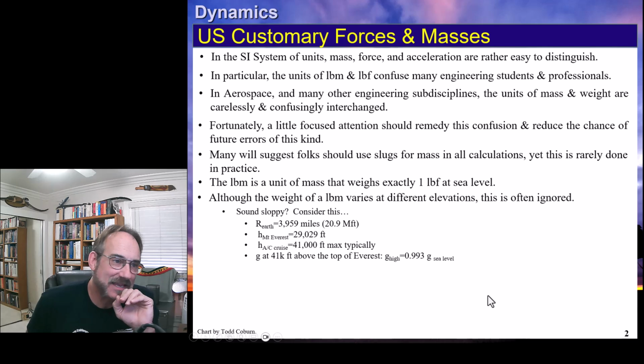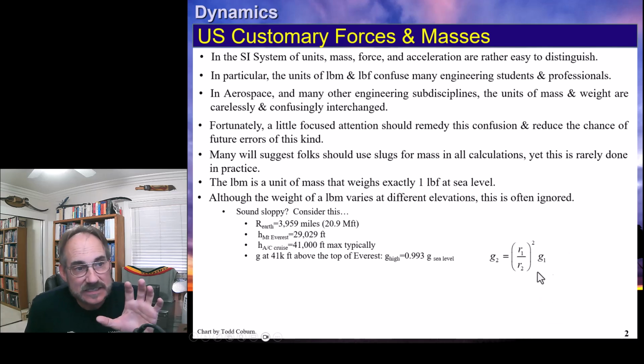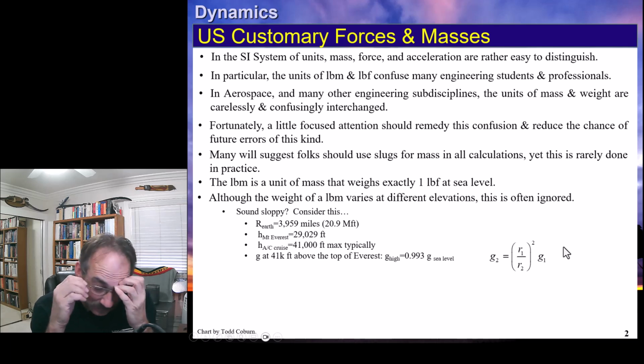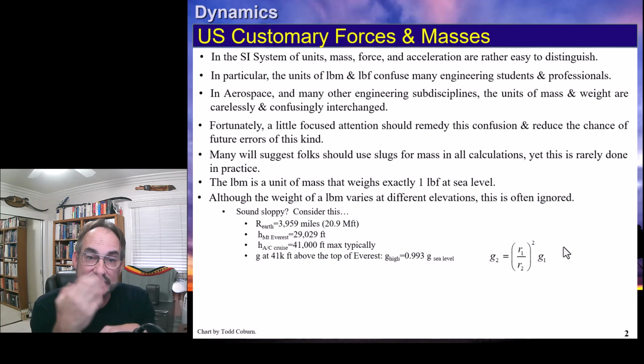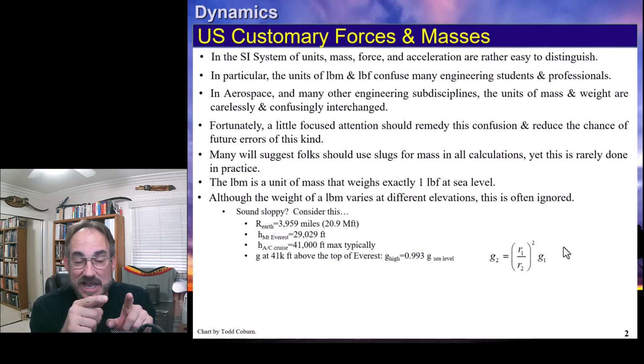That's not nothing, but it's so small it's not going to be meaningful in a lot of engineering calculations. This little equation that we can derive from Newton's law of gravitation is one convenient way of converting what the acceleration of gravity is at two different elevations. Now remember, the r that we're sticking in here is not just the distance from the surface of the Earth, it's the distance from the center of the Earth.